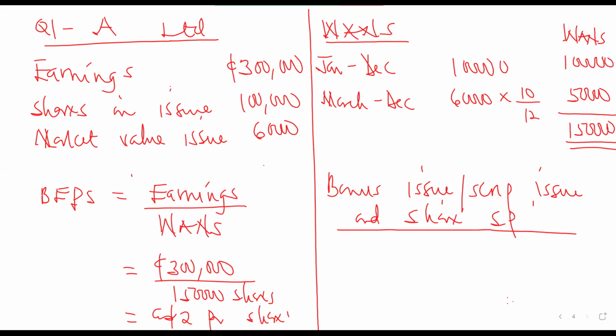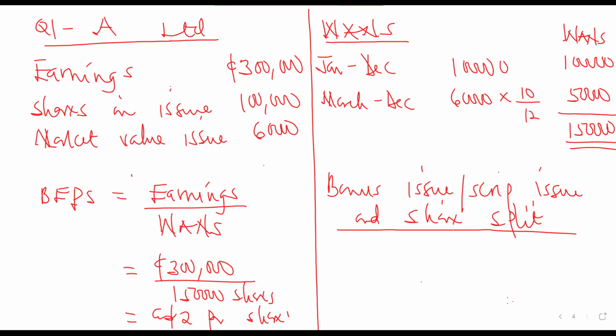So another name for the bonus issue is the scrip issue. With a bonus issue, we are changing our retained earnings to shares. The idea is that the shares' value has always been in the retained earnings, but we are just making it happen now.